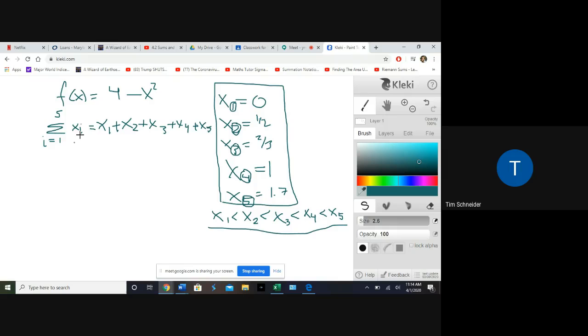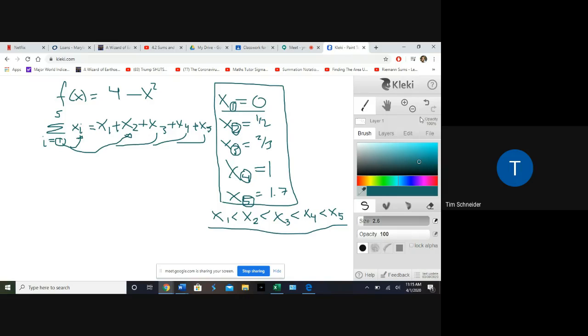That's it. As you go along, you are putting in the index value in here, and that tells you, okay, now I'm going to use x1, which we have said is 0. And then i would be 2, so I choose the second x that I want, which is x sub 2. And then x sub 3 and x sub 4 and x sub 5.